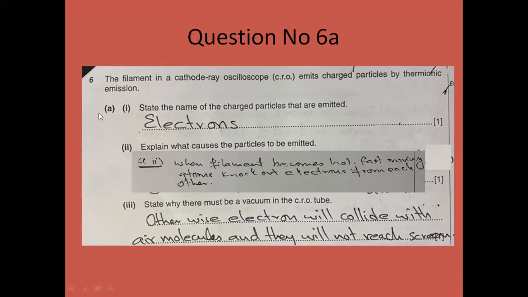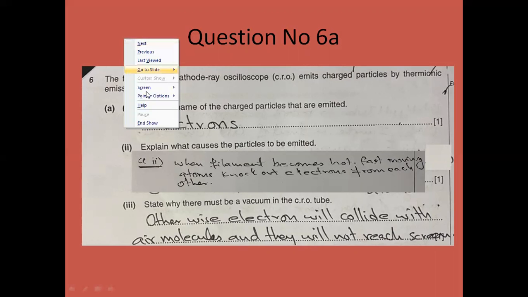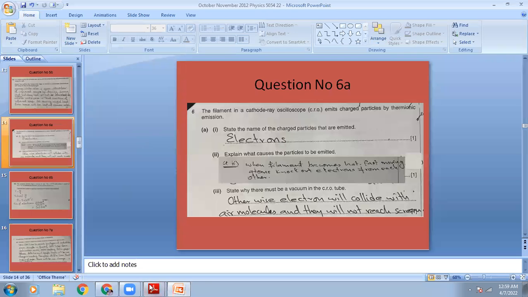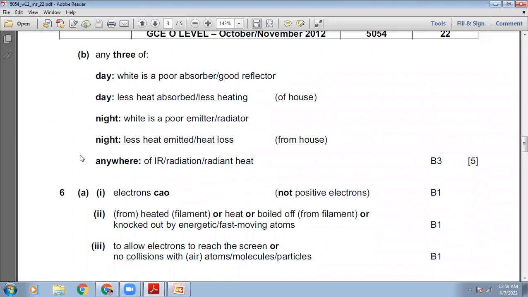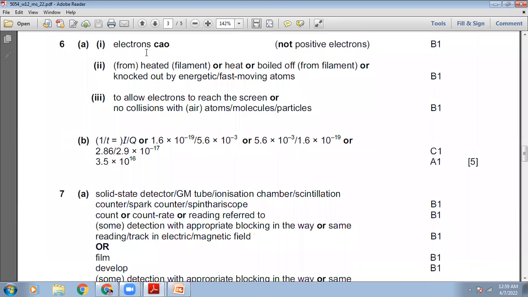So to avoid this, we create a vacuum in the CRO. Answer: electrons from the heated filament are boiled off from the filament or knocked out by energetic fast-moving atoms. A vacuum allows electrons to reach the screen, with no collision with air atoms, molecules or particles.